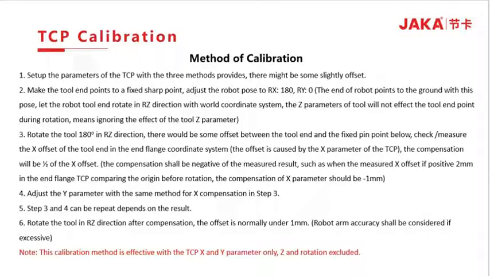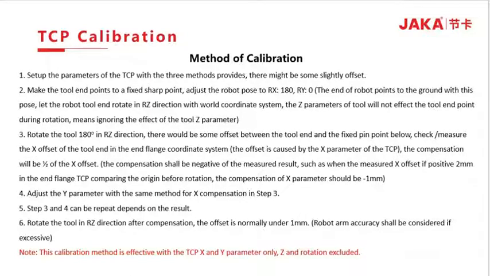There will be some offset between the tool end and the fixed pin point below. Check the X offset of the tool end in the end flange coordinate system. The offset is caused by the X parameter of the TCP. The compensation will be half of the X offset.